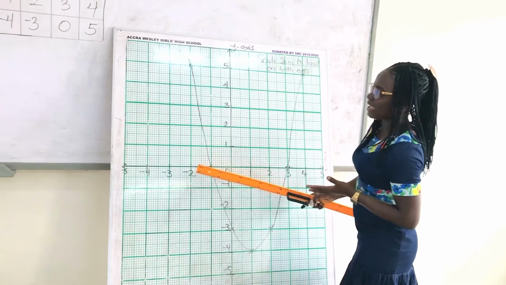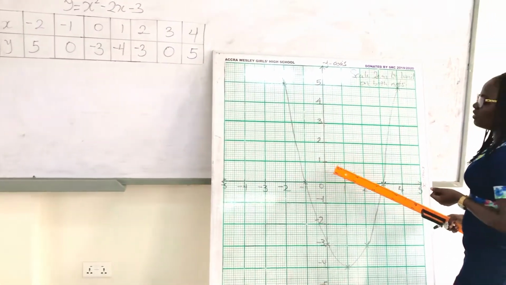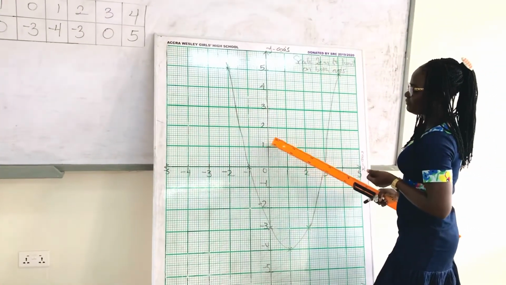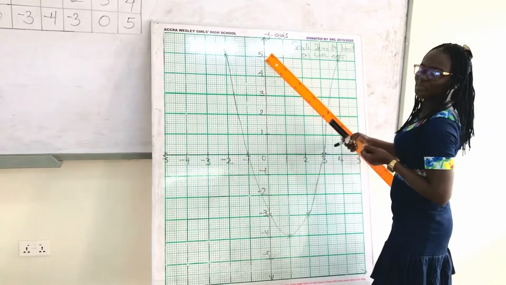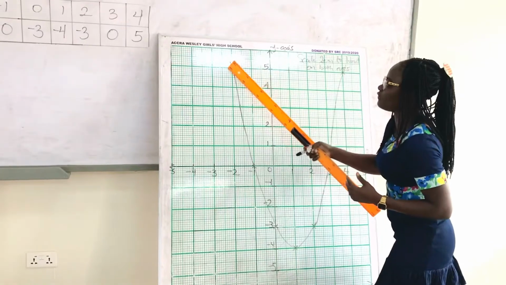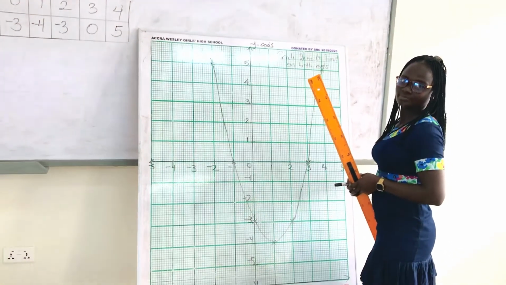Y is 5. It means from the origin, move 5 times. From here, 1, 2, 3, 4, 5. It is positive, so we move upwards.